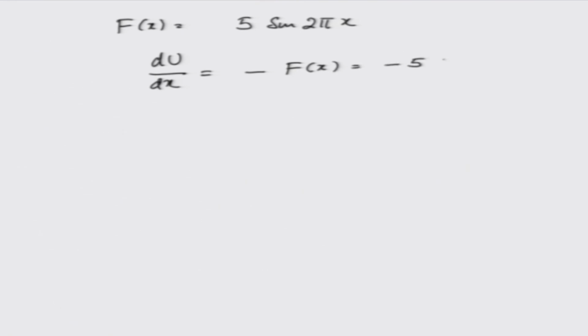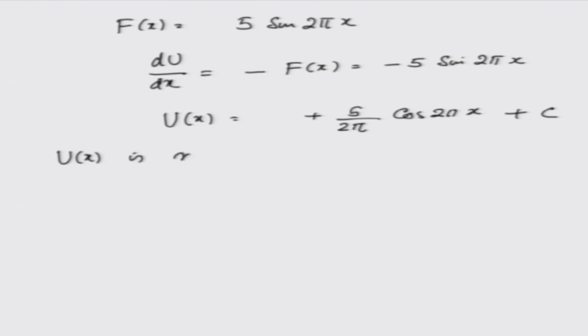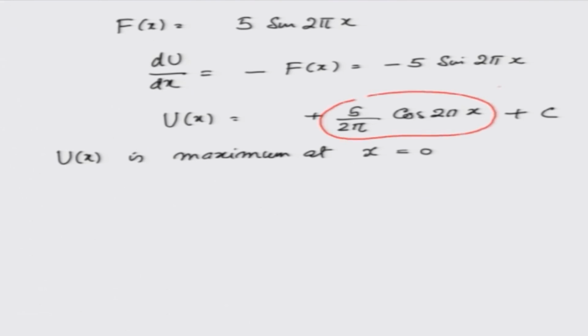And the third example I take is f(x) equals 5 sine 2 pi x, and again with du/dx equals minus f(x), this becomes minus 5 sine of 2 pi x, and therefore u(x) is going to be plus 5 over 2 pi cosine of 2 pi x plus some constant c, and let us say that u(x) is maximum at x equals 0, and the maximum value that this function can have is 5 over 2 pi.